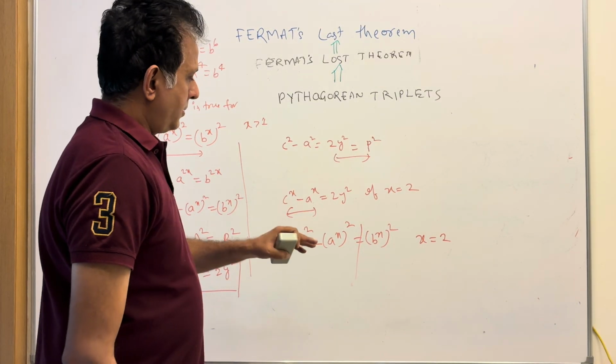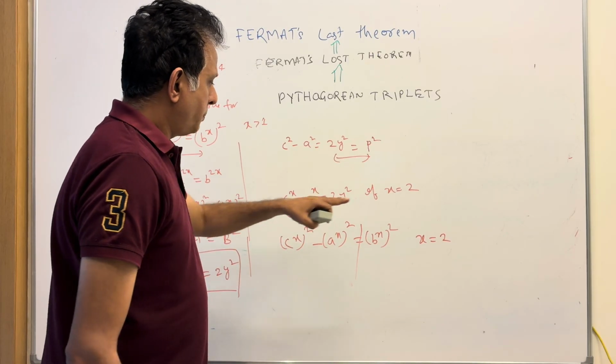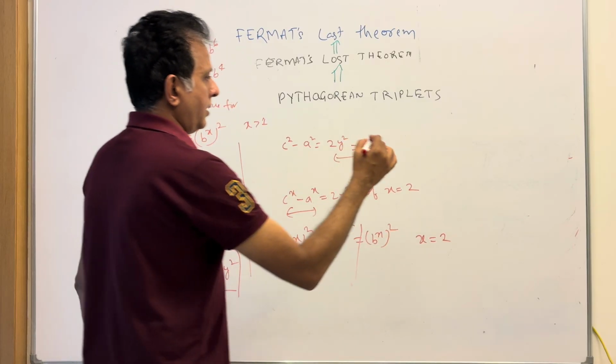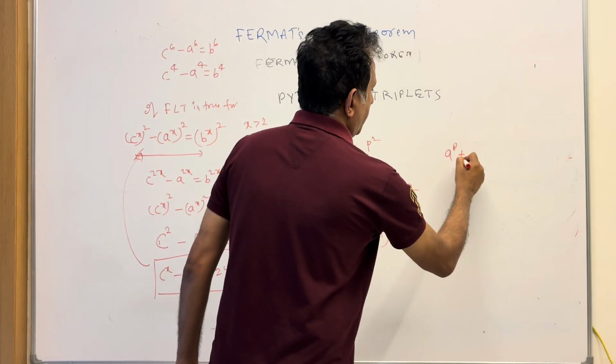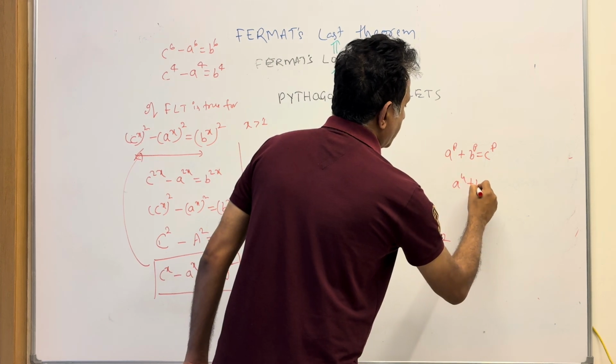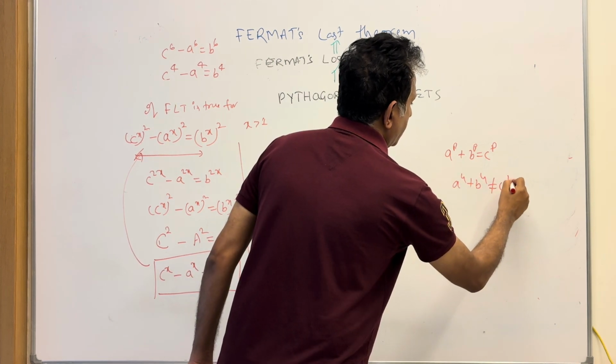Okay, so this is the proof of Fermat's last theorem for a power p plus b power p is equal to c power p. This is the proof of Fermat's last theorem for power 4.